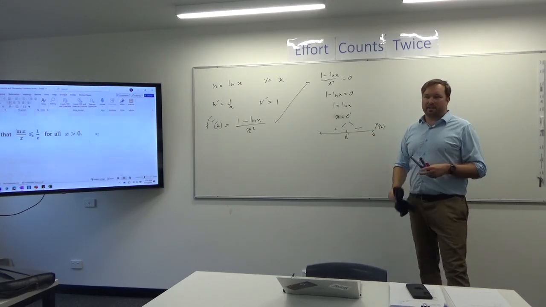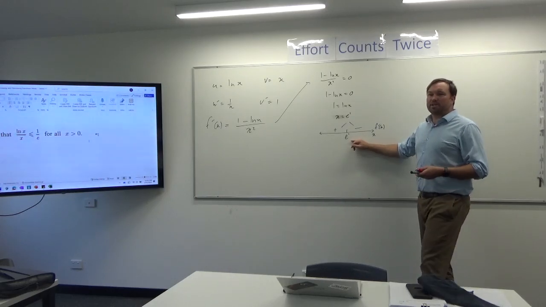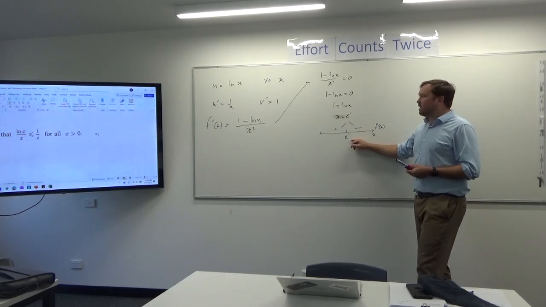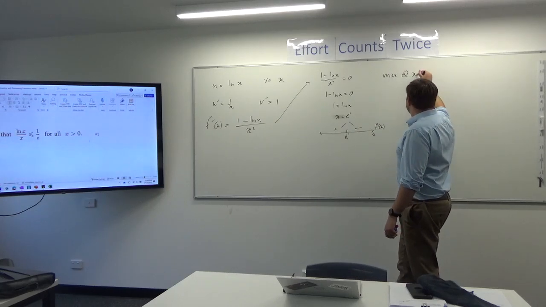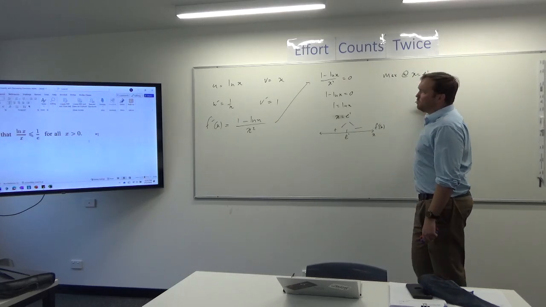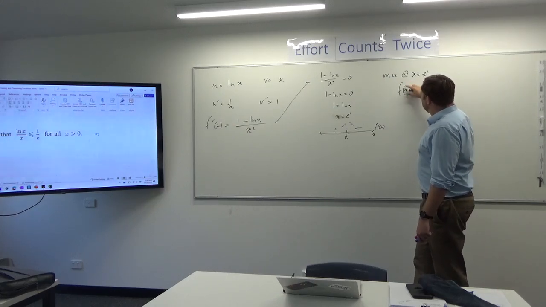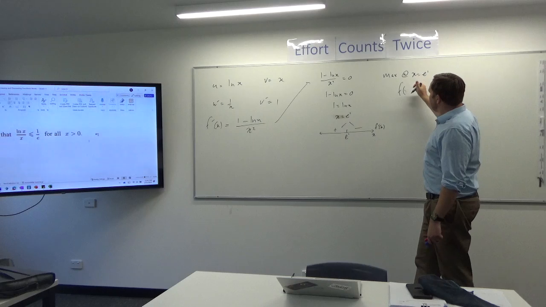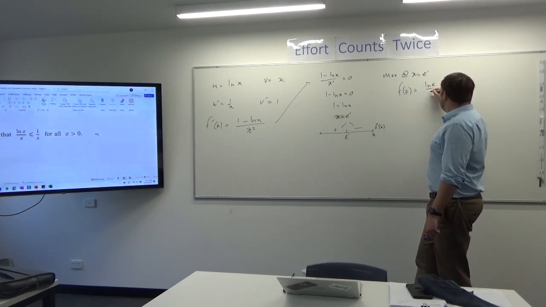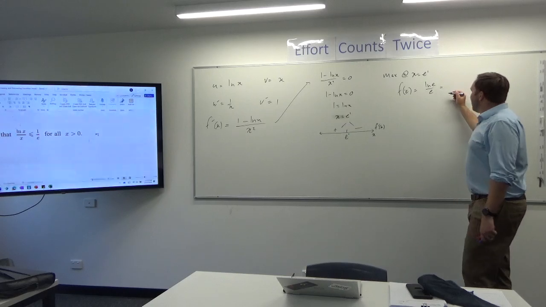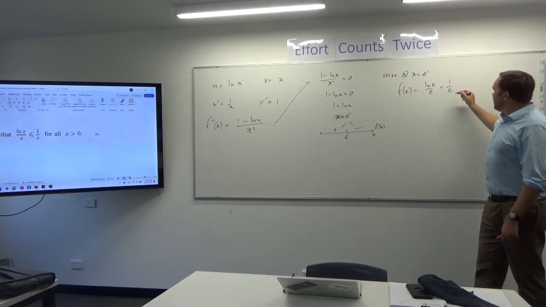Does that make a little sense? So there's a max where x equals e to the 1. The question is, how high is that max? We put that into the function, so we want to be finding f of e, and f of e is ln e on e. ln e is 1, so it's 1 on e.